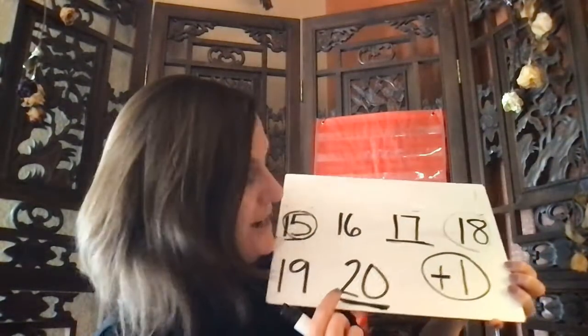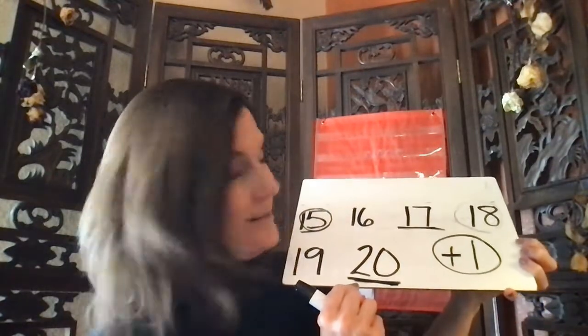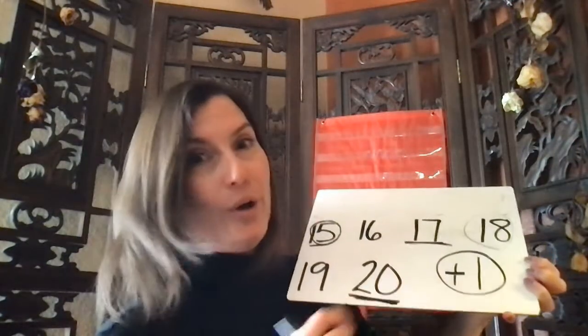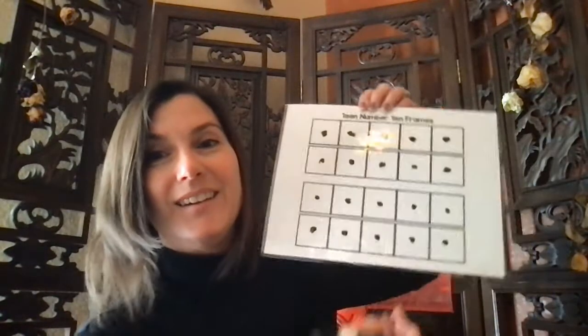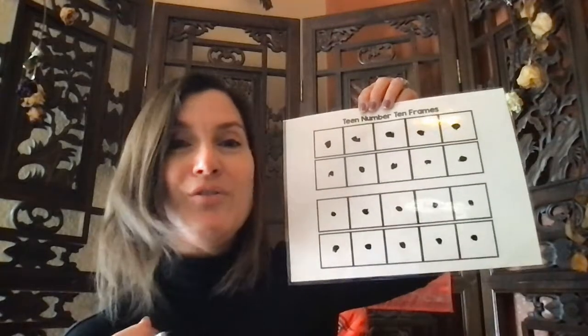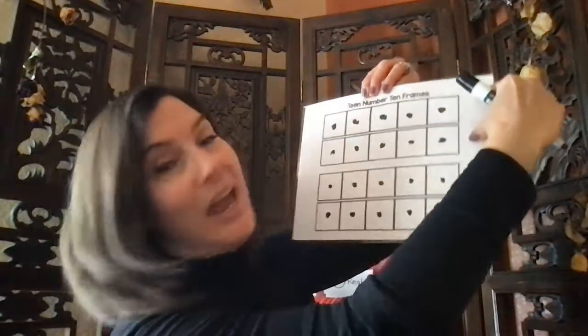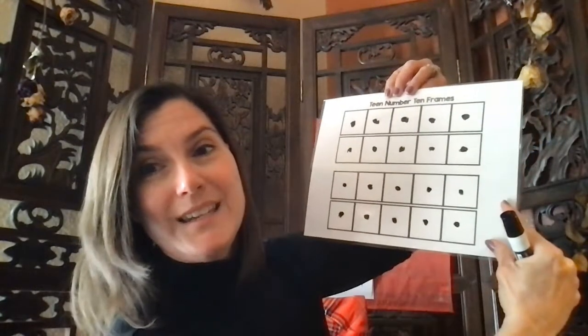And 20 has 2 10s and 0 1s. It doesn't have any 1s. We are going to put our last dot. Now we have 2 full 10 frames, and we can count them by 10s by counting them 10 at a time like this. 10, 20.